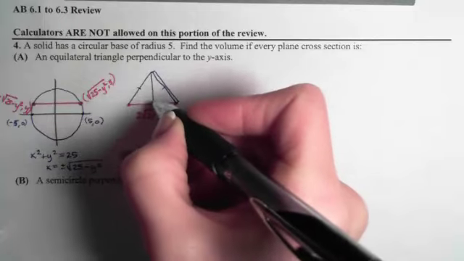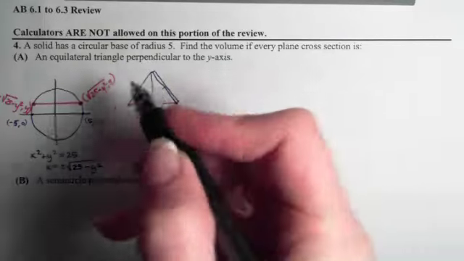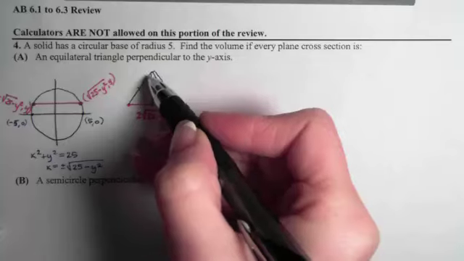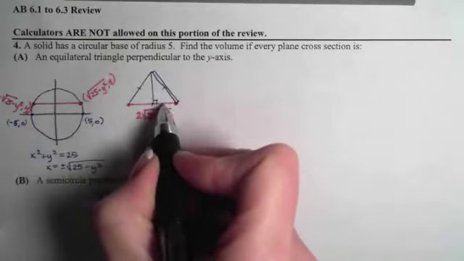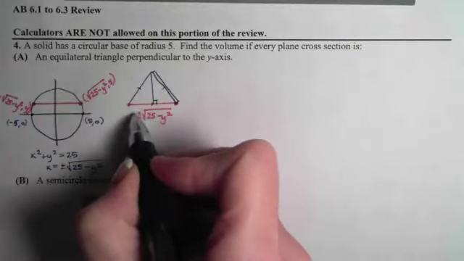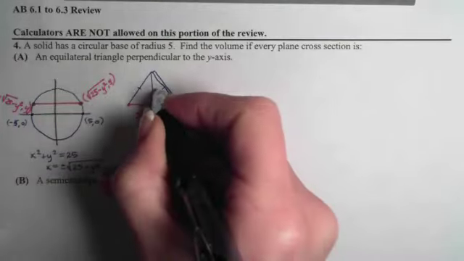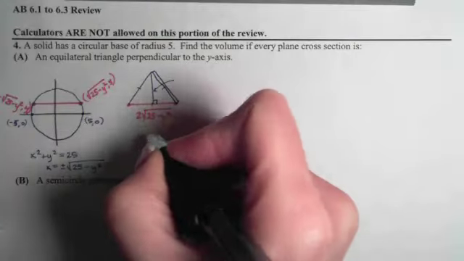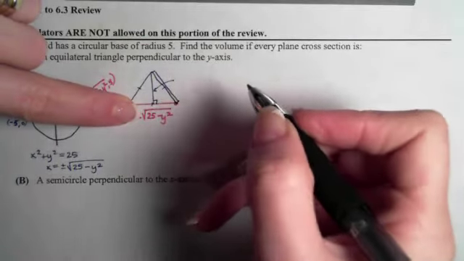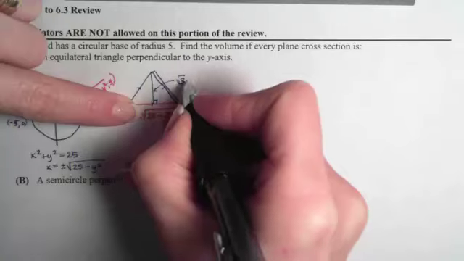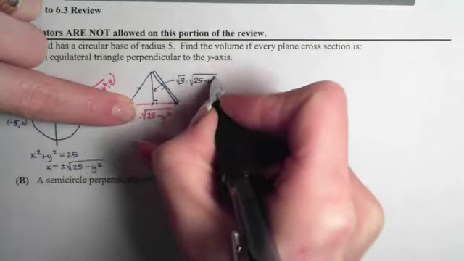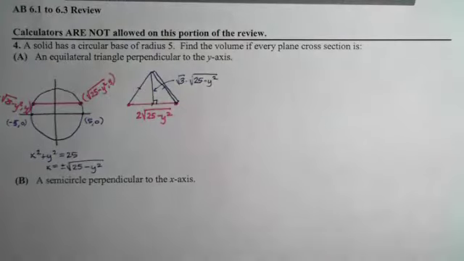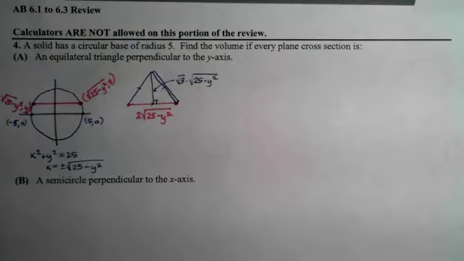These angles are all 60s, so when I drop an altitude, I'm going to get a 30-60-90, and the height will be the short leg, which is half of the base, times root 3. So the height is going to be half of the base times root 3. Now some of you are going to want to distribute that root 3 in, and I urge you not to, because it'll make it more difficult to evaluate the integral.